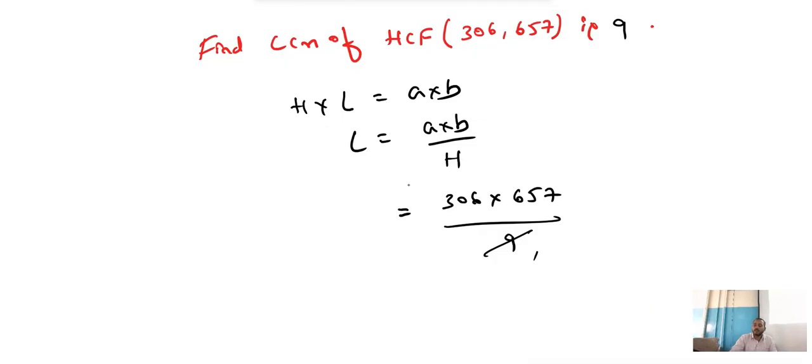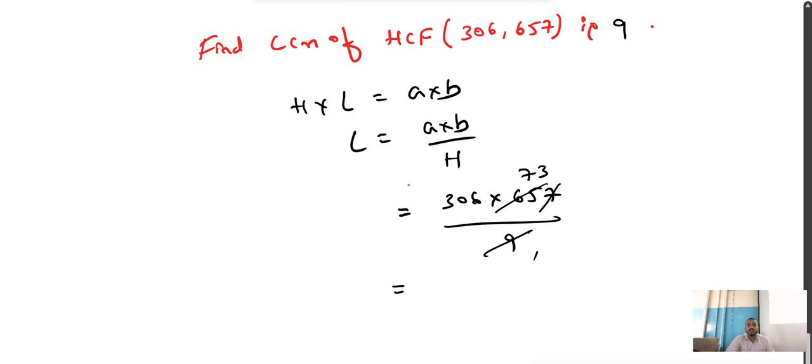9 multiplied by what is 657? Sorry, 65. 9 sevens are 63. Very good. Remainder 27. 9 threes are 27. So 306 into 73.